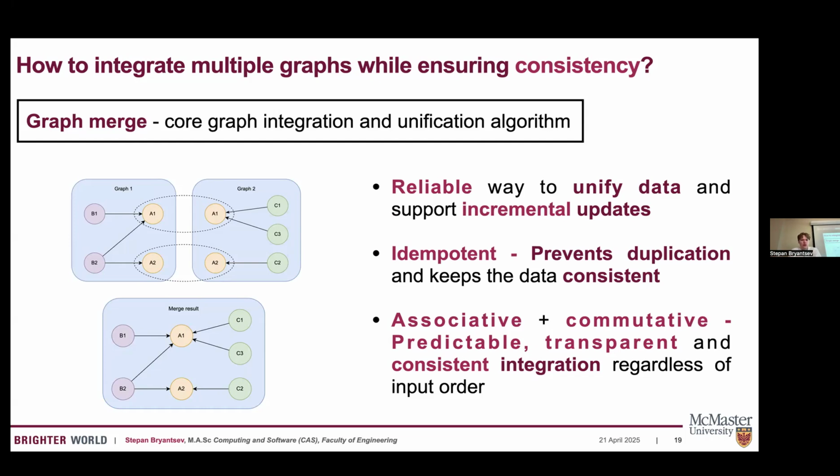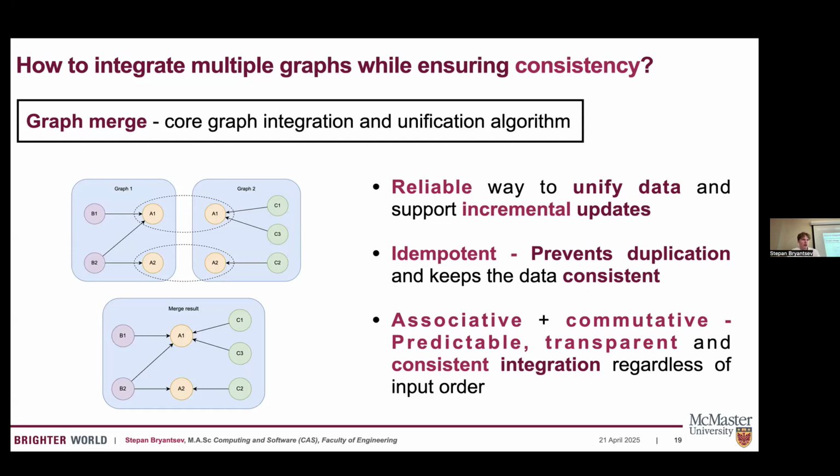First of all, it is a reliable way to unify data and support incremental updates. It is deterministic, so you can push the data in an incremental way, step by step, using this graph merge algorithm. The second property is that it is idempotent.